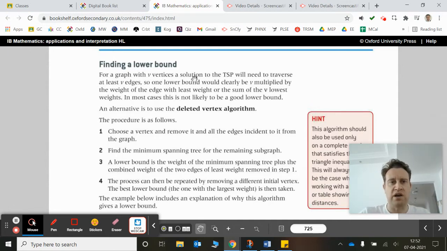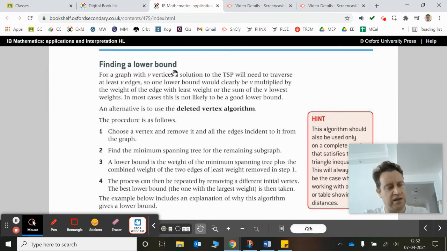So we've got a lower bound algorithm, and combined with the upper bound algorithm, if we find the best lower bound and the best upper bound, then we can trap our solution, hopefully, between two quite close values. And then we know that our best solution would be anywhere between those two things.